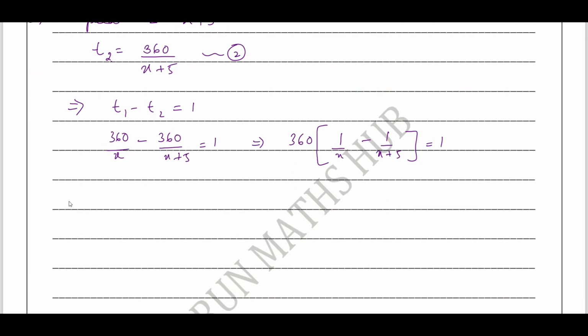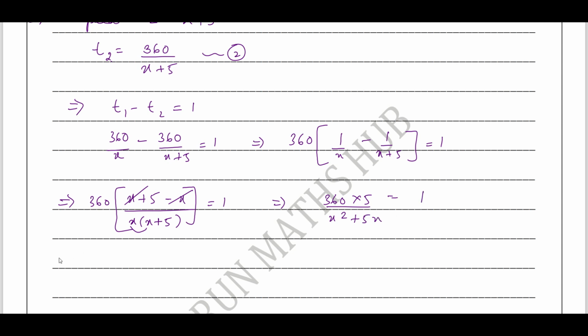Now, take LCM. 360 into x plus 5 into 1 is x plus 5. x into 1 is x, divided by x into x plus 5 equals 1. Plus x minus x will cancel out. What do I get? 360 into 5 equals x into x, x square, 5 into x, 5x.